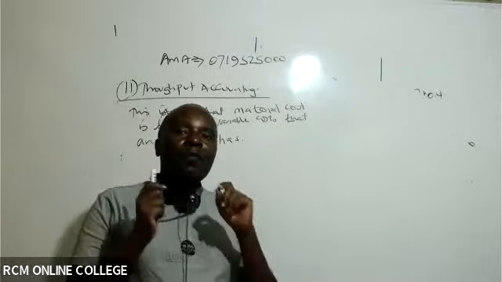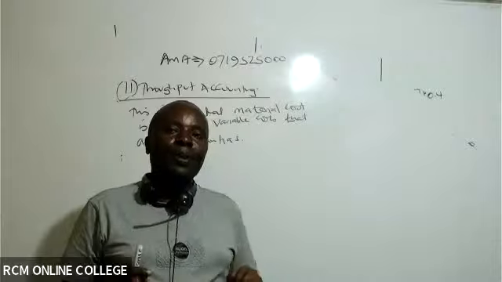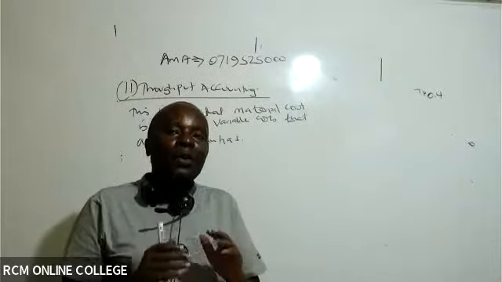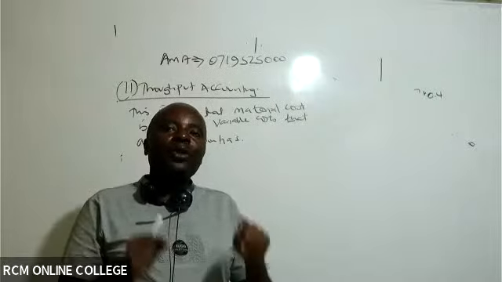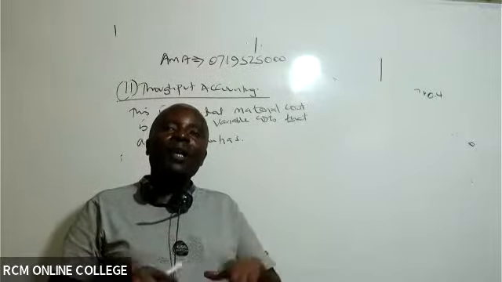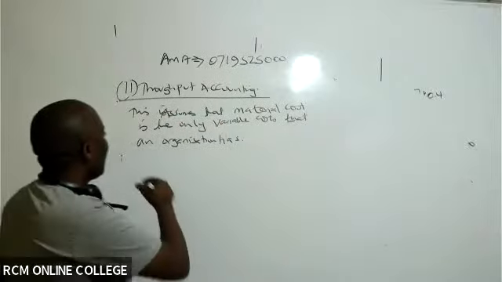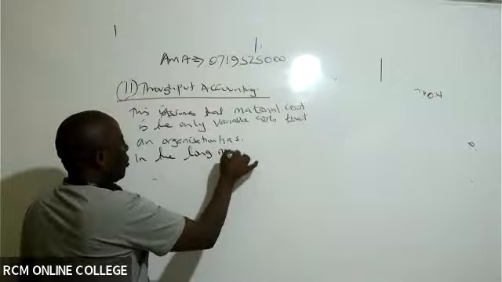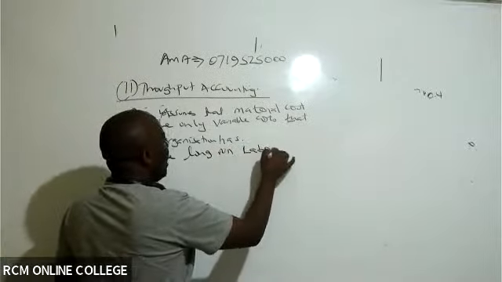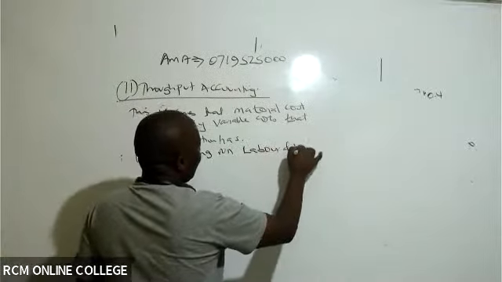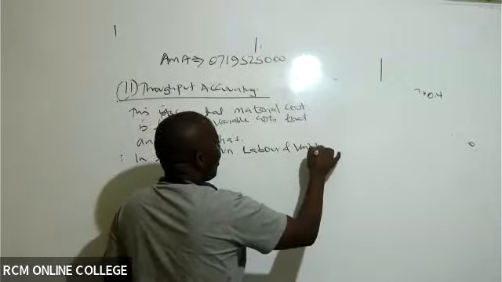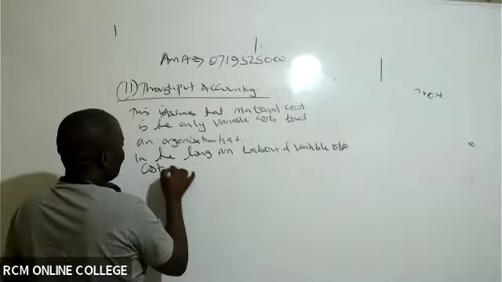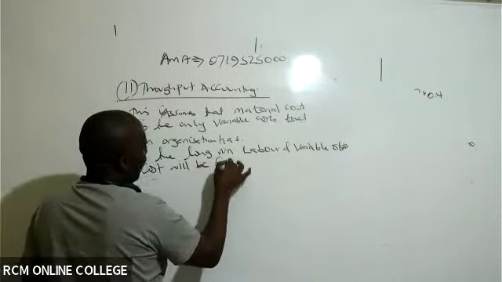So if they tell you that we have labor cost and even any type of overhead, even if they're calling it variable, in the long run, those expenses will become fixed. So you're saying that in the long run, labor and variable overhead cost will be fixed.